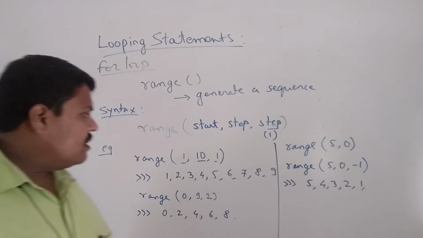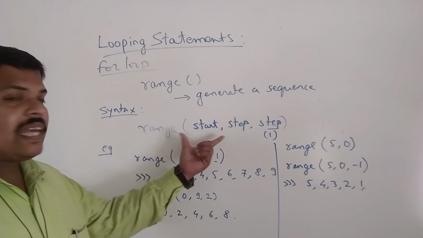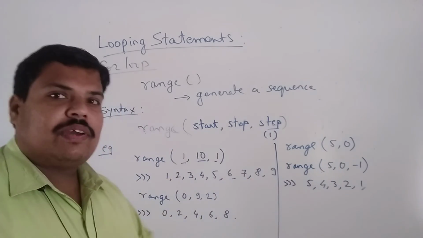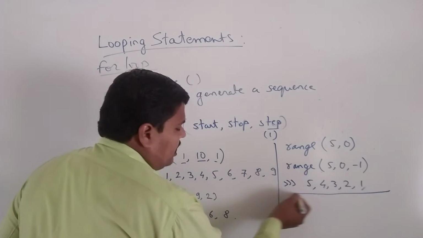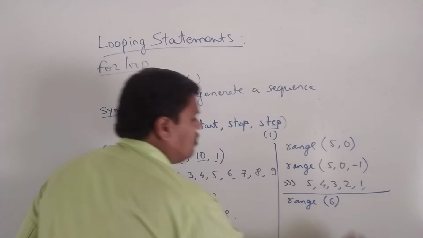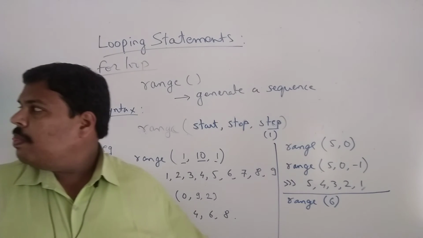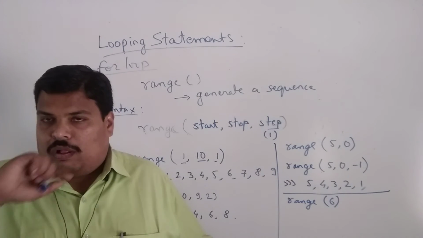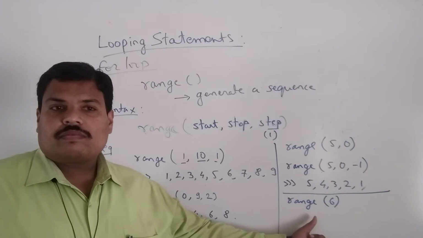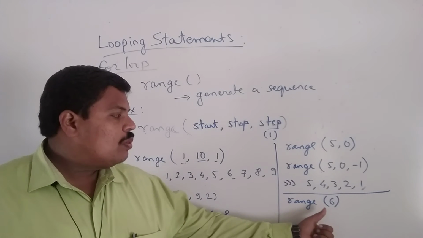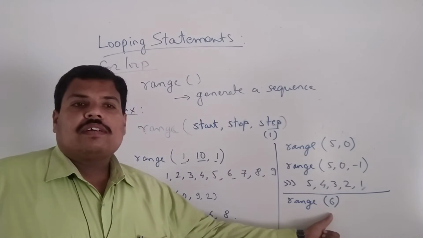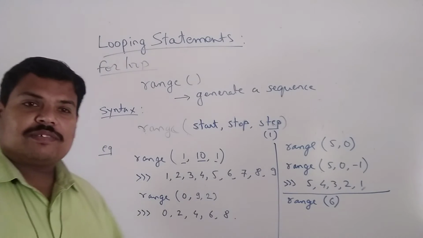So see the variation of the range function, taking 3 arguments, taking 2 arguments. Okay, another variation. What is this? Yes, 0 to 6. What will be the argument here? Now see, 3 arguments, 2 arguments, 1 single argument. Now what is the meaning of this?